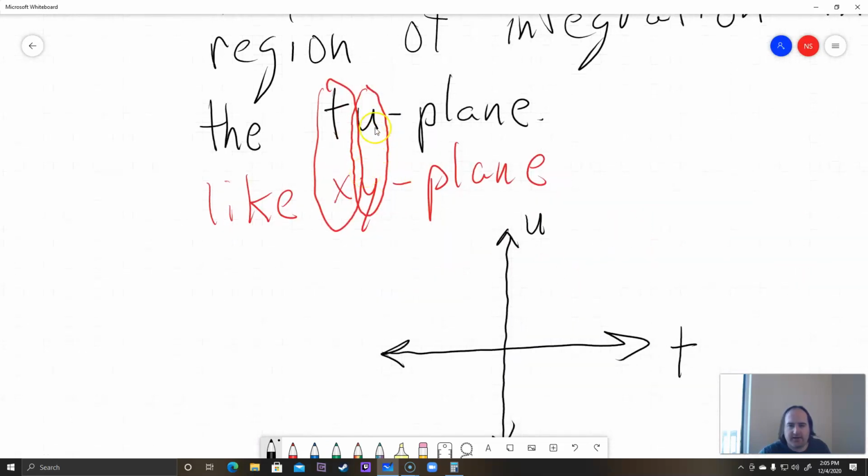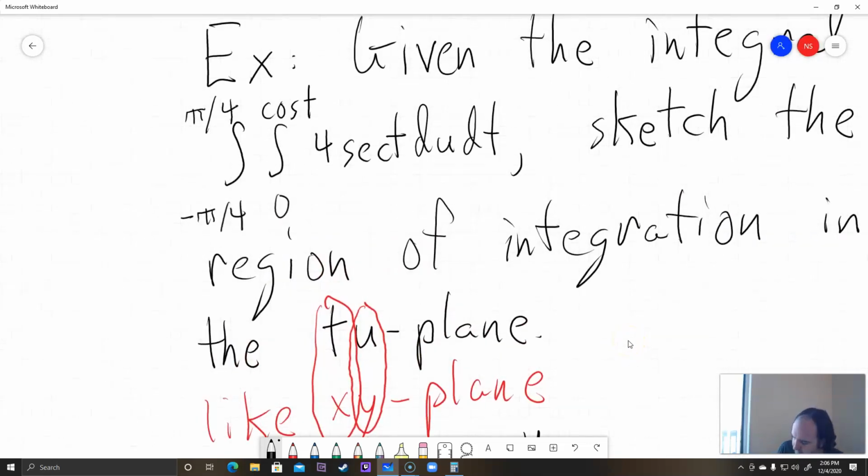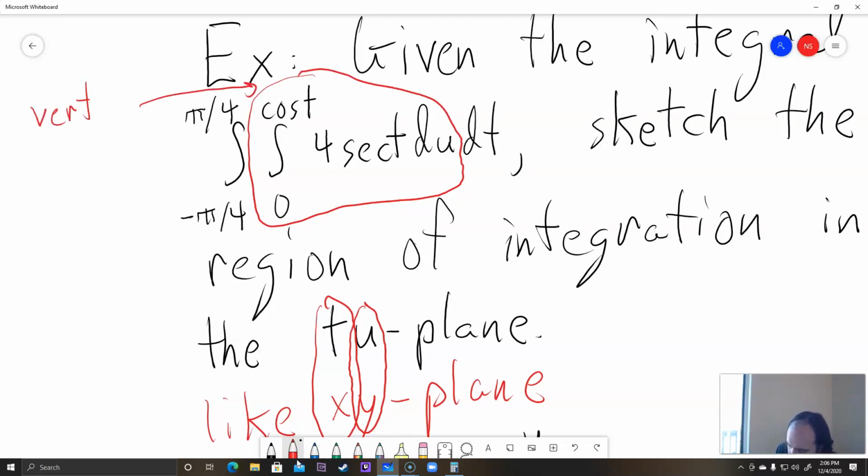Okay, that's your vertical axis. So since the inside variable is u, that's going to be vertical cross sections.